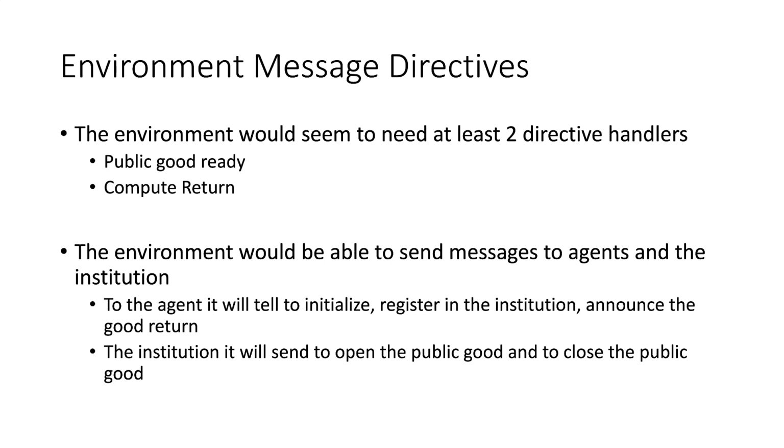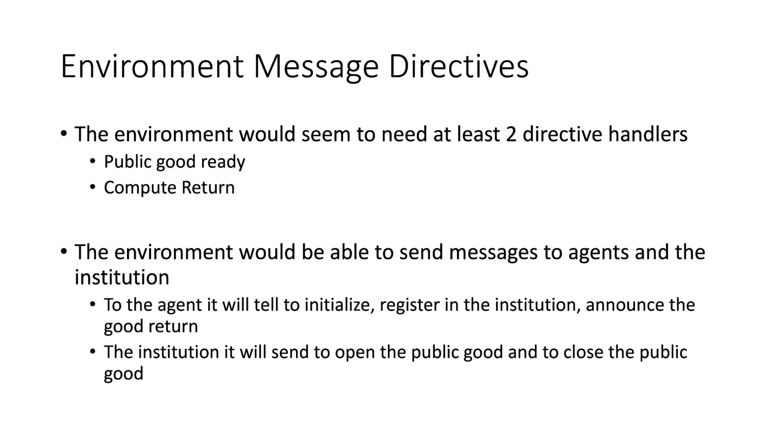So you could just start by stubbing out 2 methods inside of the class with directive names that won't be mistaken. And then one thing you need to think about is that the environment needs to be able to send messages to agents and institutions.